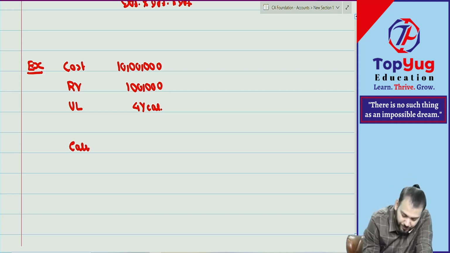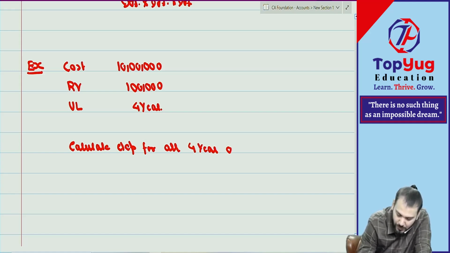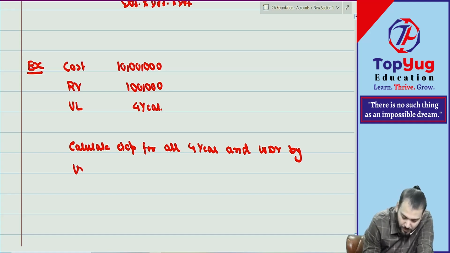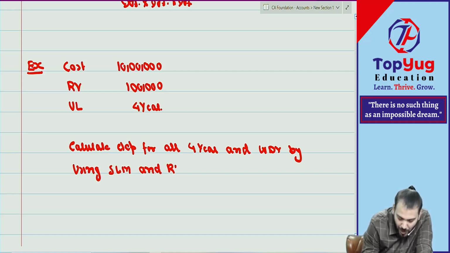Calculate depreciation for all 4 years and WDB by using SLM and RBM. Understood this point?